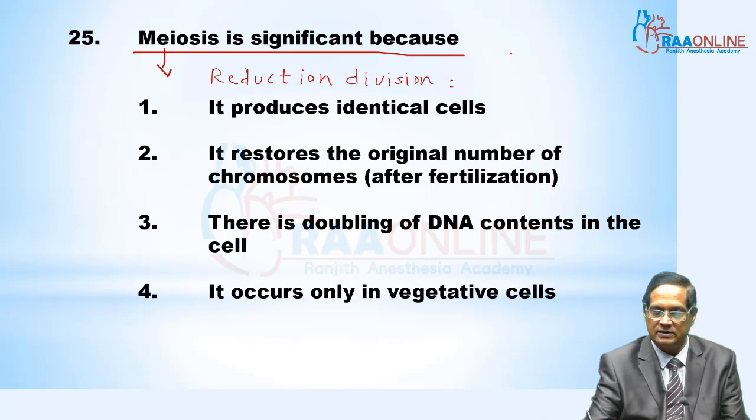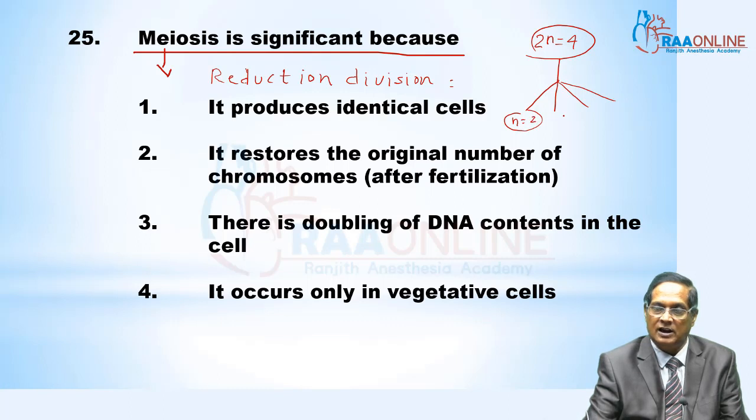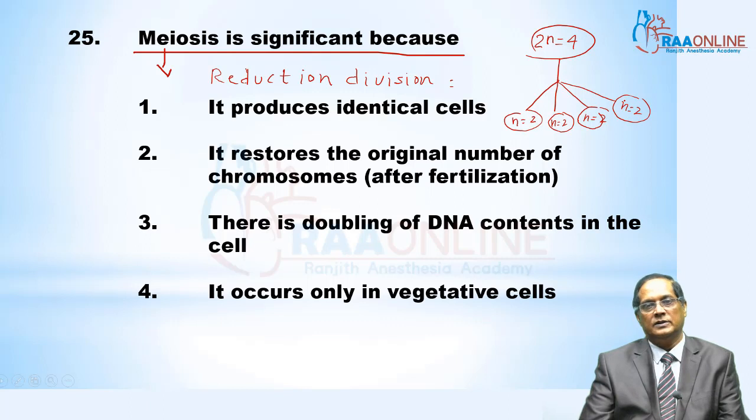If a cell has 2n equal to 4, in meiosis it divides to form 4 daughter cells, and each one has half the number of chromosomes of the parental cell.